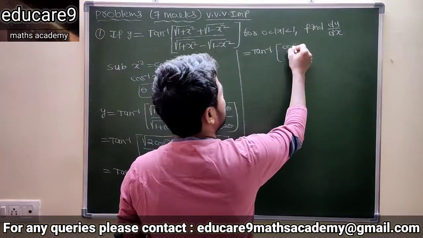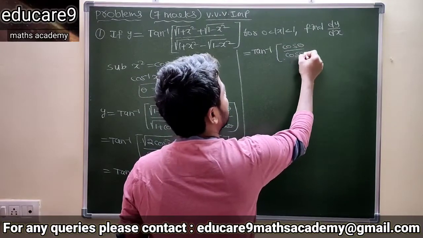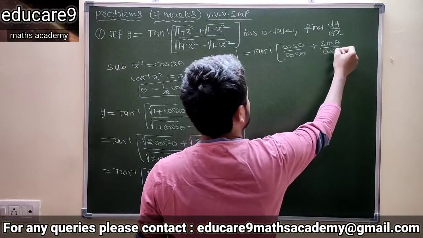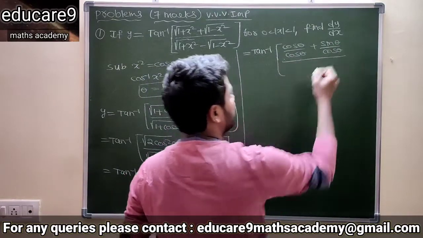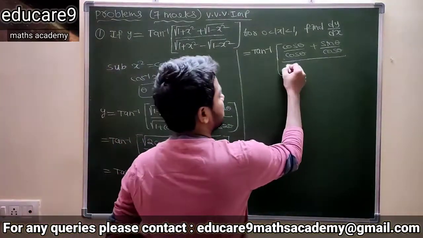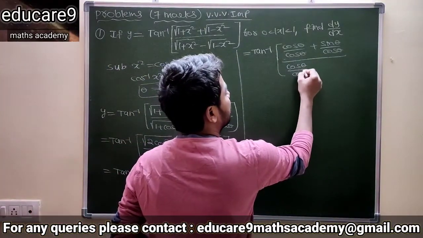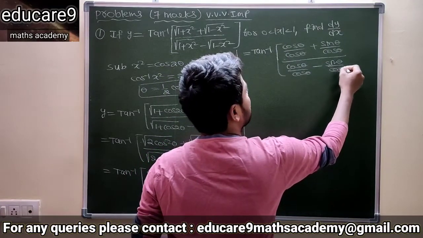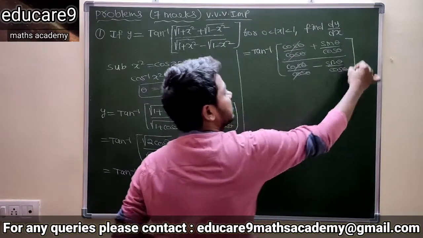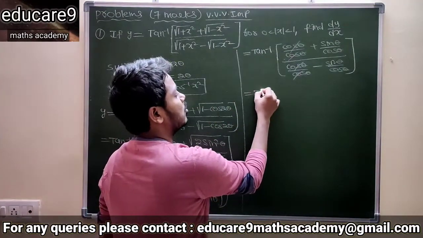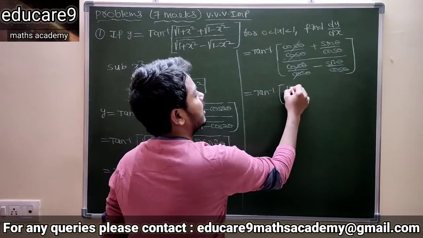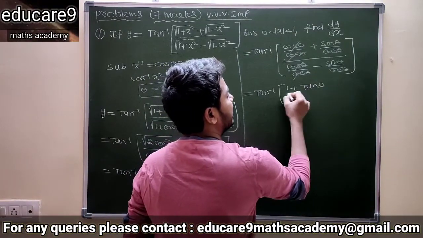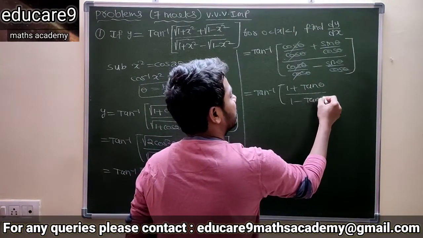This is cos theta by cos theta plus sin theta by cos theta, divided by cos theta by cos theta minus sin theta by cos theta. Cos theta gets cancelled, so this is tan inverse of (1 plus tan theta) by (1 minus tan theta), since sin theta by cos theta is tan theta.